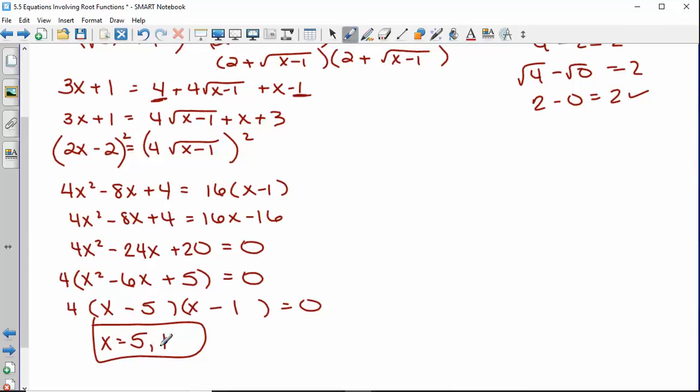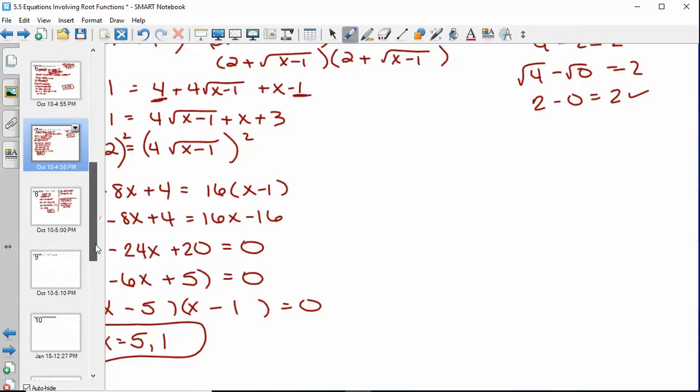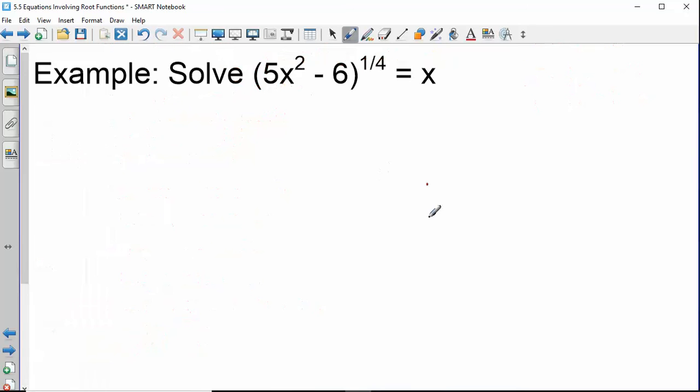All right, questions on that? I think I'm going to do maybe 1 or 2 more, and then I'm going to stop. I'm going to jump to the back. So I'm going to do this problem.